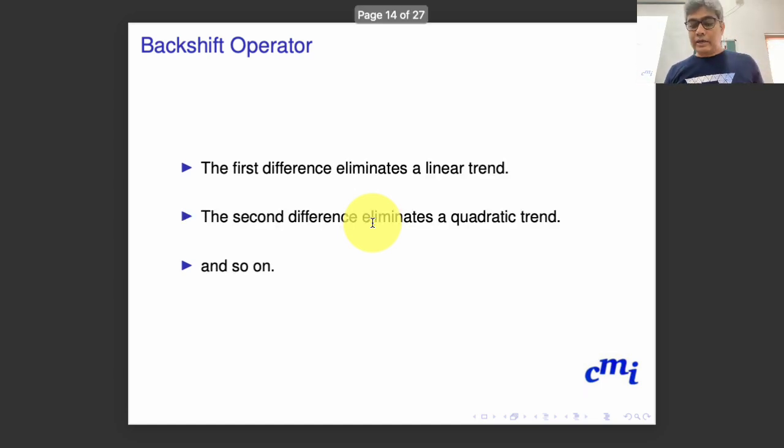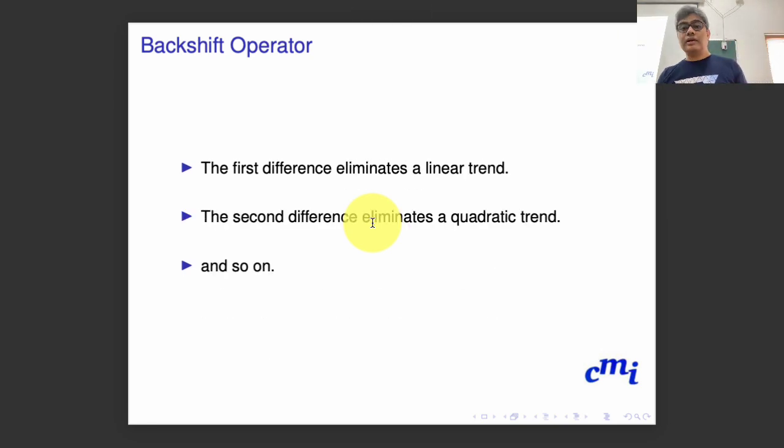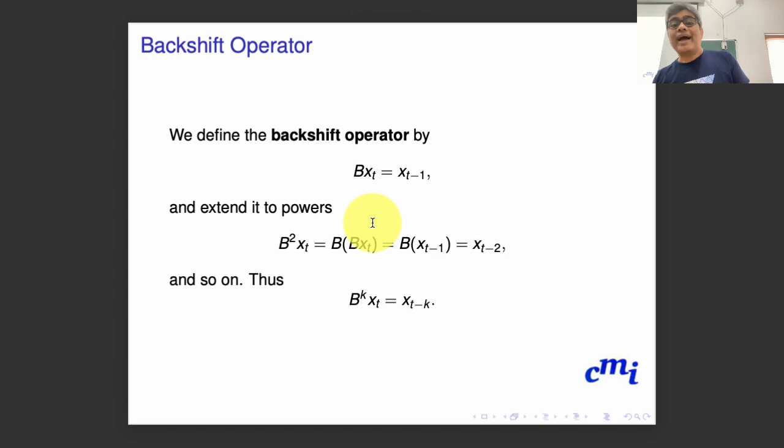The first difference eliminates the linear trend, the second difference will eliminate any quadratic trend, and so on. The backshift operator, also known as the lag operator, is Bxt, which is just xt minus 1. So B squared xt is B of Bxt.